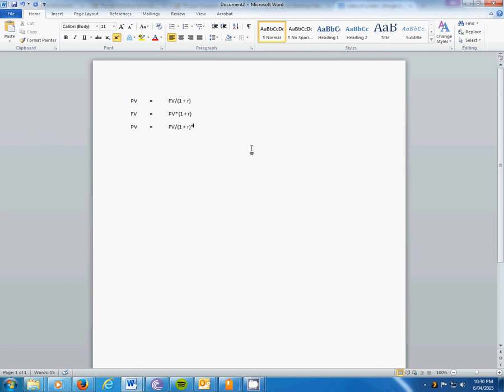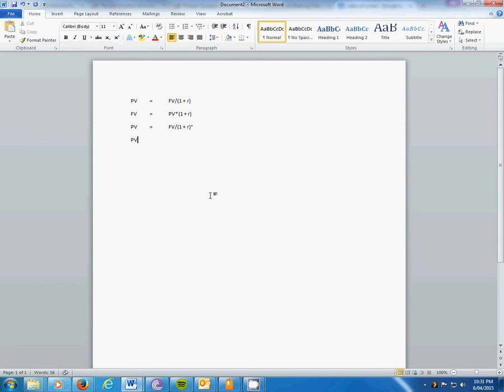I know you know this, but it's really handy if you can embed it into how you think, so that every time you look at a payment you're thinking, how would I discount that to present value? Pretty much all of the formulas we're doing are a form of this function.